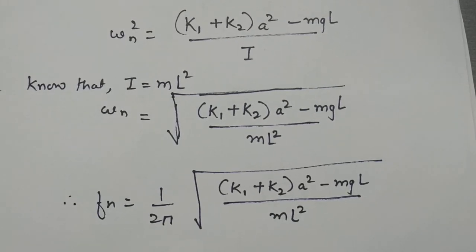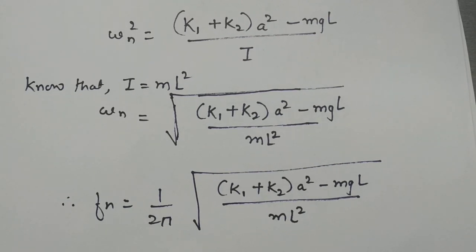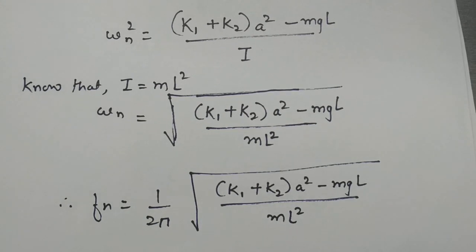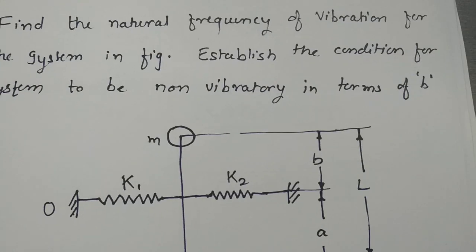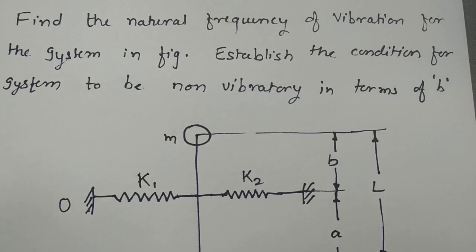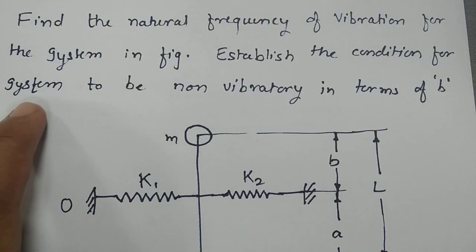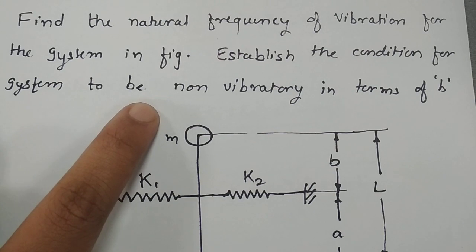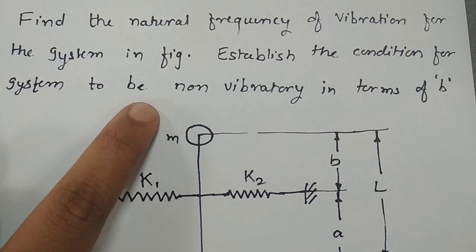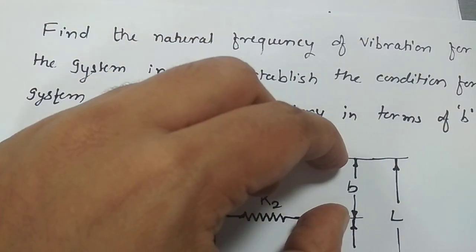So this is the first portion of the numerical, and we solved it by the energy method only. What is the second portion of the numerical? The second portion is to establish the condition for the system to be non-vibratory in terms of this distance b.